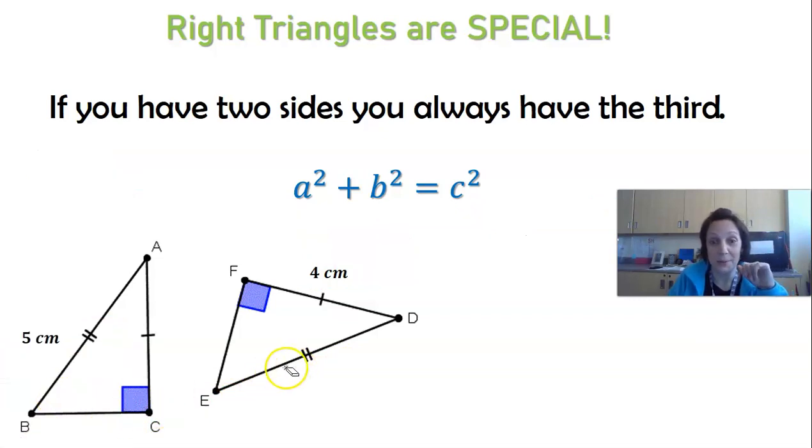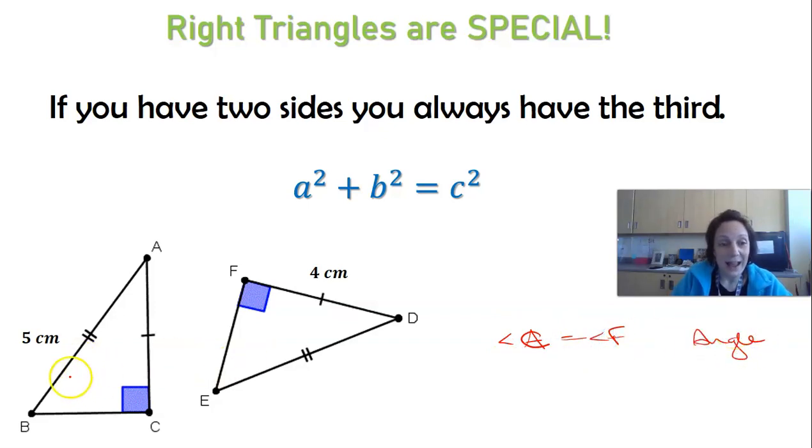Again, here's why. These 2 triangles here, I have an angle congruency, right? I have that angle C and angle F are the same. That's an angle congruency. I have these 2 side congruencies that AC and FD match, right? That's a side. And I have that AB and ED match.